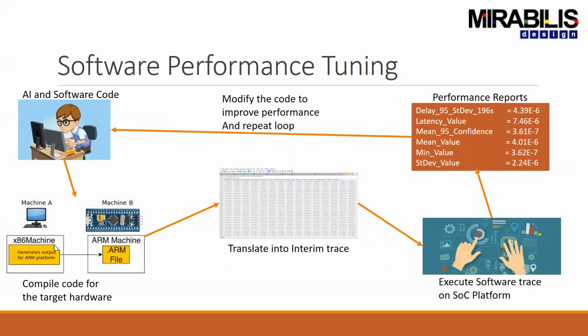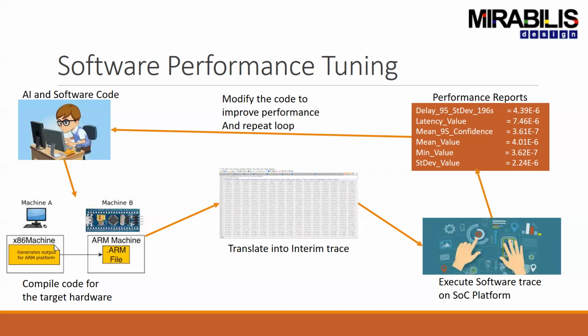Once we get the results and we see that this is not so accurate, or the software is not running very efficiently, for example, let's say we are running a software code and the hit ratio is around 75%. That is not so optimal.